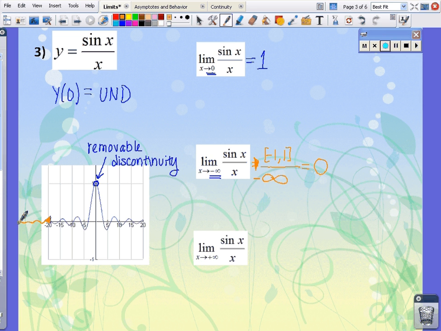And on the right side, as we go to positive infinity in purple, we're going to do the same thing. We're going to bounce, but just bounce lower and lower and lower. And so you'll notice that for the same reason, because sine of x over x, negative 1 to 1 is what sine of x does. Whatever value you substitute in for x, you're only going to receive range values from negative 1 to 1.